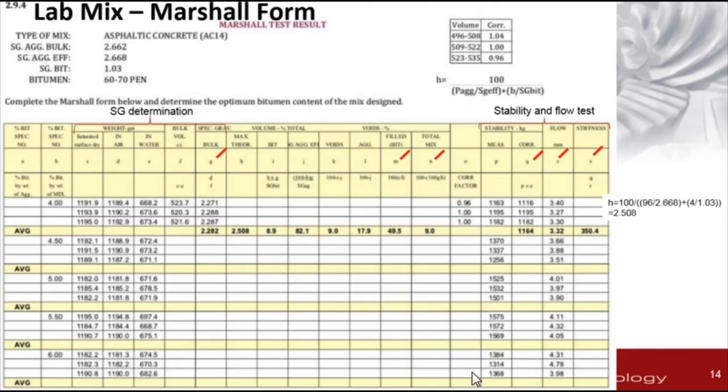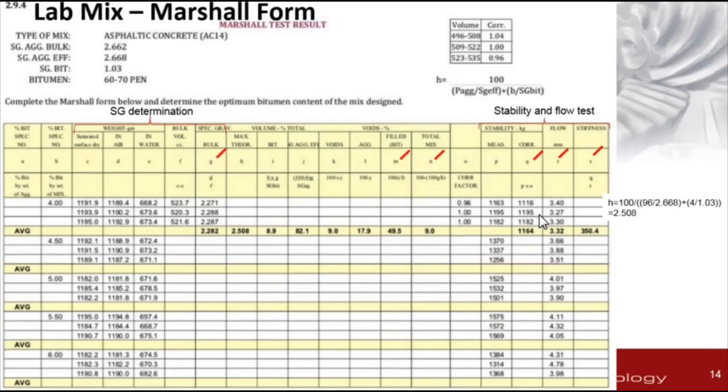Okay, next we have a look on column P, Q, and R. As mentioned earlier, P is the value of stability and R is the value of flow. For column Q, the value of stability is corrected by multiplying the value of stability obtained from the test with the correction factor.